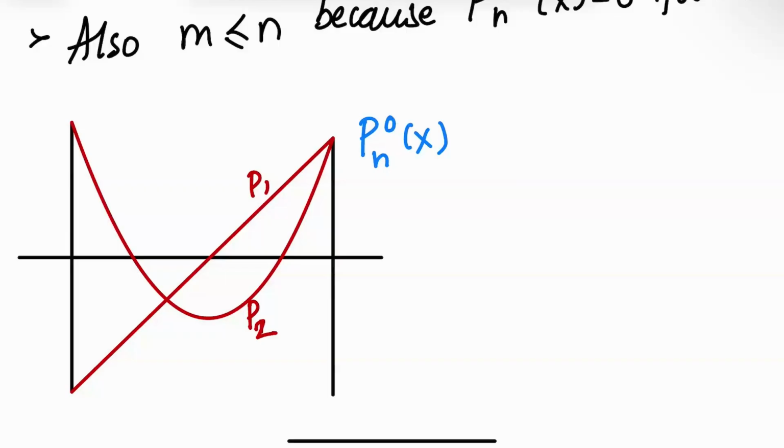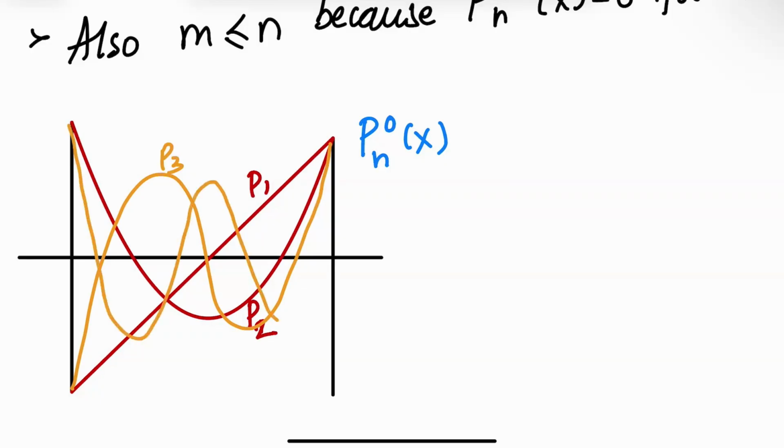Then maybe I'll draw P3 in a different color. Sorry, should start from here. It's P3. And then P4, something like that.